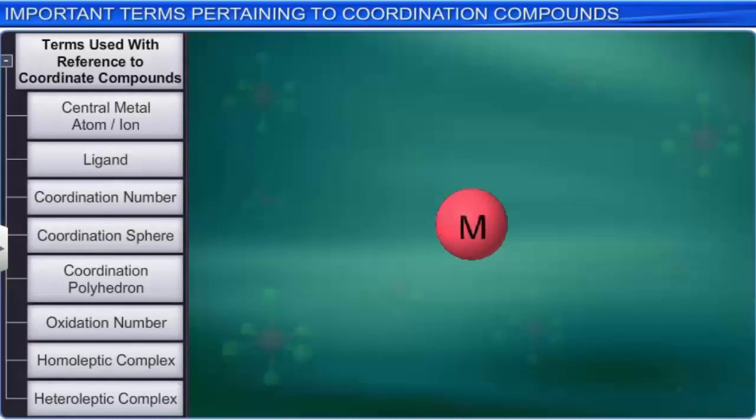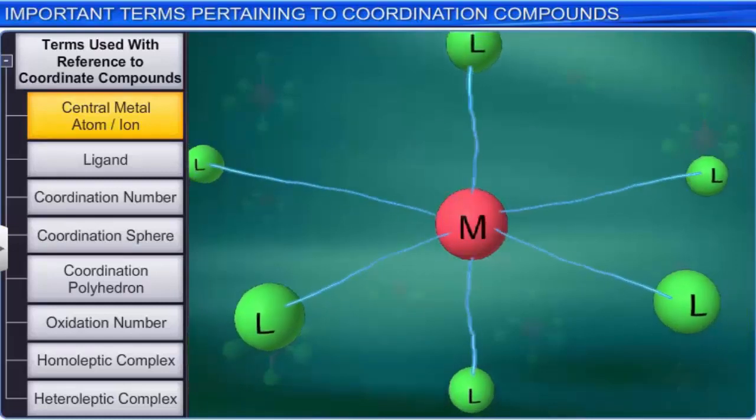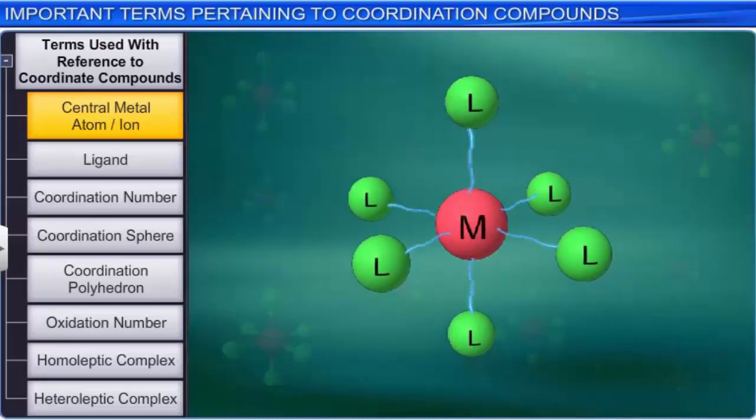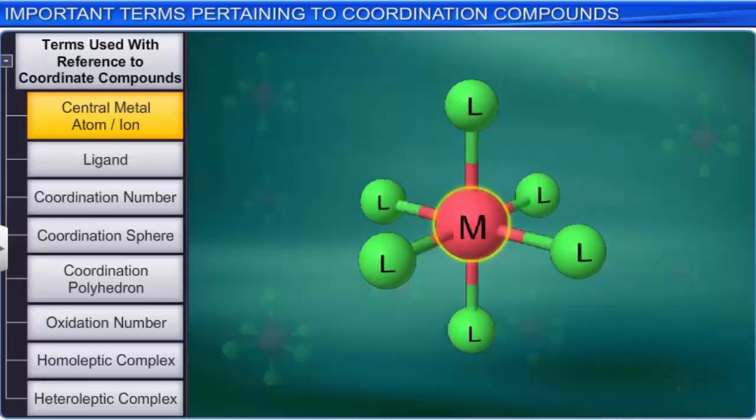The first term is central metal atom or ion. The atom or ion to which one or more neutral molecules or anions are attached in a definite geometrical arrangement around it is called the central atom or ion.